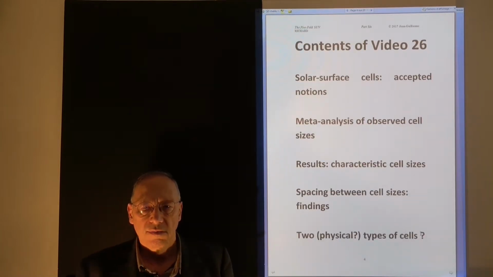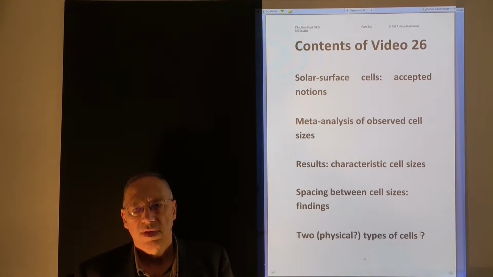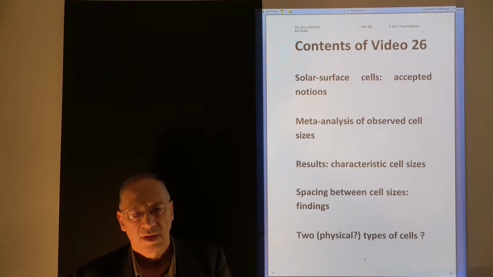The contents of video 26 today start with accepted notions, as usual in this series of video lectures. We will then go into the meta-analysis that was performed during the Fivefold Sun project and see what the results are.